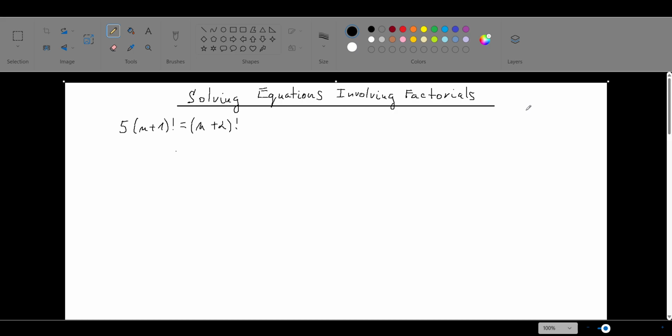equation. Some of you may think about solving this equation like this: let's subtract (n+2)! from the right side, so we will have on the left side of our equation something like this, which is equal to 0.